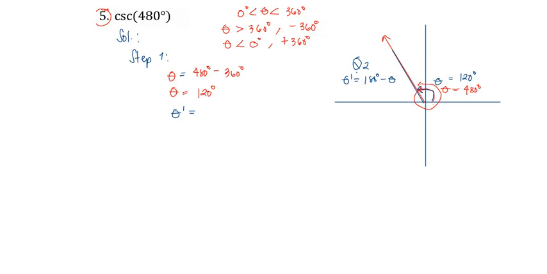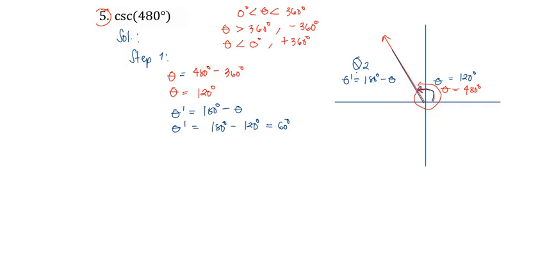So that would be the formula that we are going to use in order to find our reference angle. So 180 degrees minus 120 degrees is gonna be 60 degrees. So as you can see here, yung value ng ating reference angle would be 60 degrees.